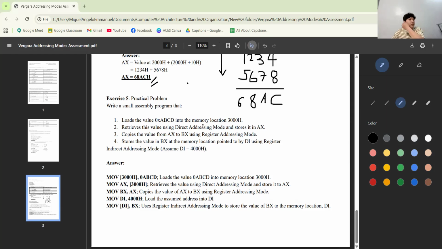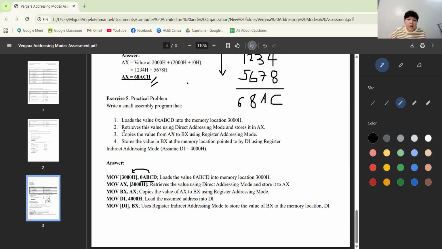So let's answer. For number 1, loads the value of 0xABCD into the memory location 3000H. For this one, we are going to have MOV [3000H], 0ABCDH, which means that the value of 0ABCDH will be moved to the memory location of 3000H.